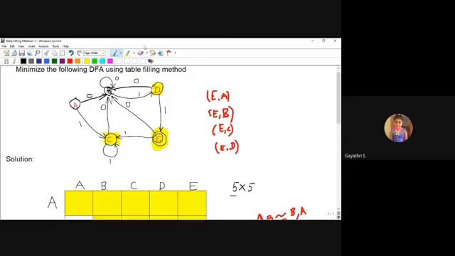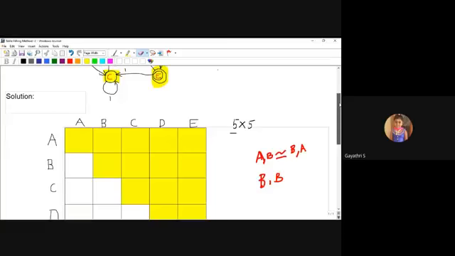So step 2 is almost over. Step 1 was to draw a table. Step 2 was marking the pairs where P belongs to F and Q does not belong to F. Both steps are almost over.